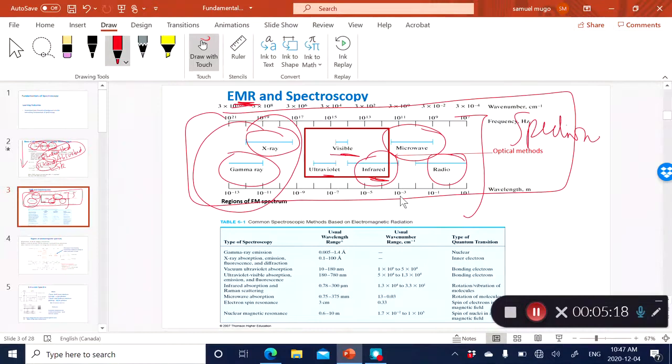All of them can. You can have X-ray spectroscopy, you can even have microwave spectroscopy and so on. But in most cases, you're going to see these three form the basis of most spectroscopic techniques. And that's why sometimes they are called the optical methods.